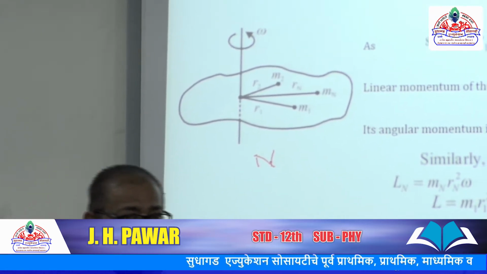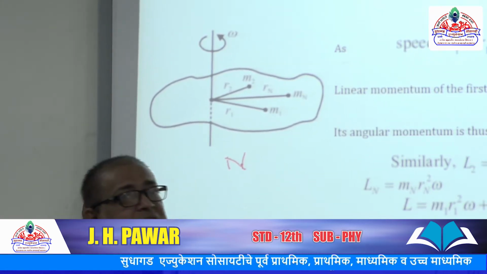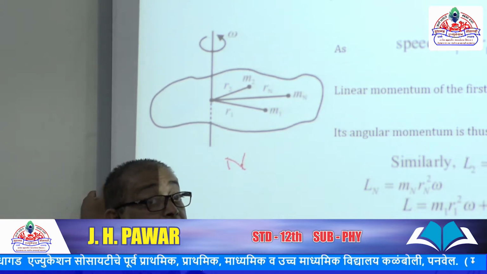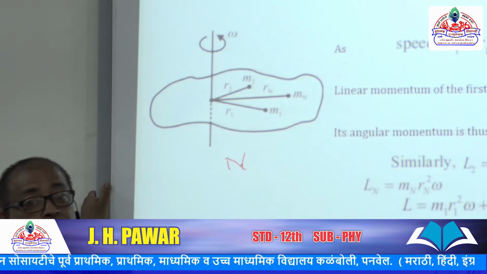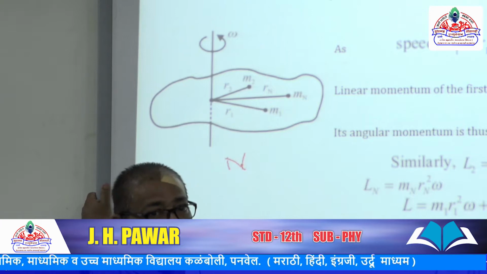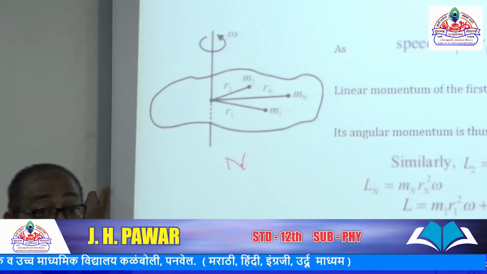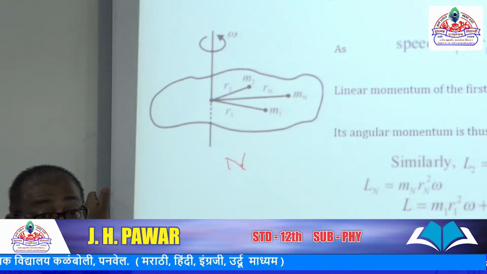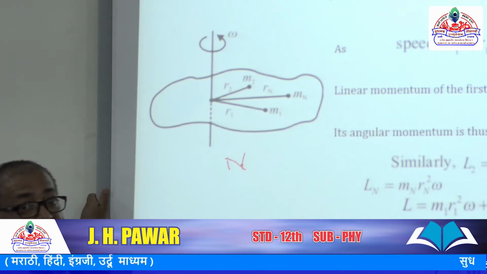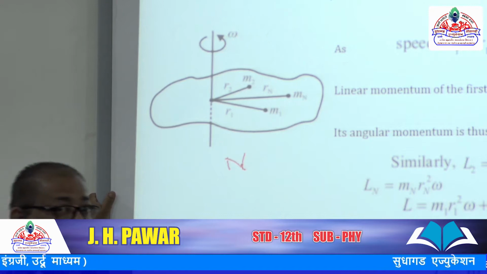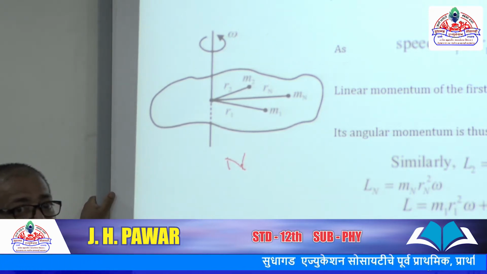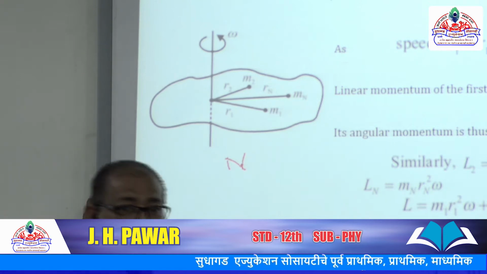Notably, when this rigid object rotates, each particle performs uniform circular motion with constant angular speed omega, but their linear speeds are different.